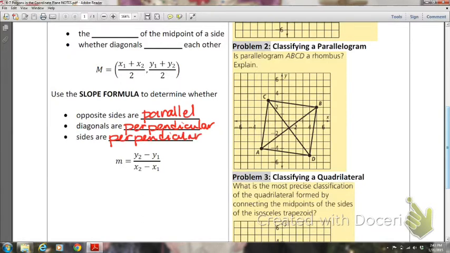Because if the sides are perpendicular, then that means there's a right angle, like in rectangles and squares. So the slope formula, just as a refresher: m is equal to your change in y divided by your change in x. So let's look at a few problems.